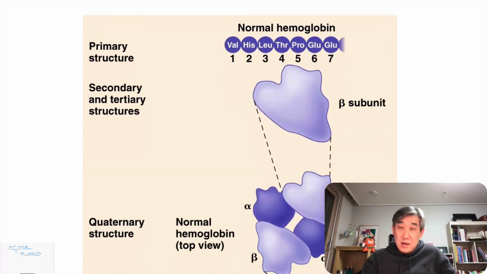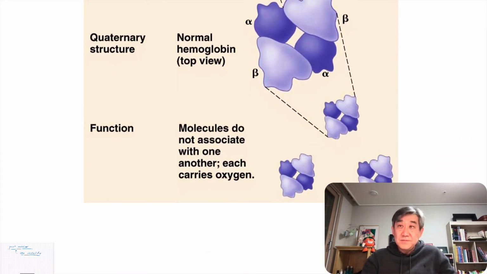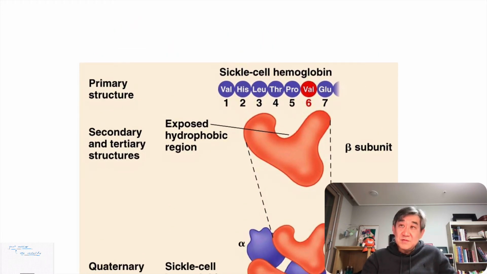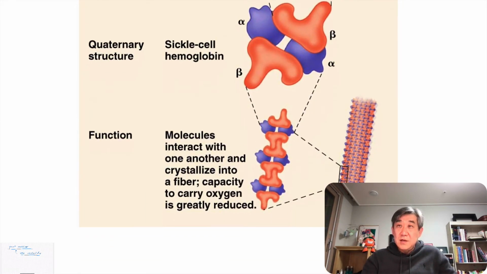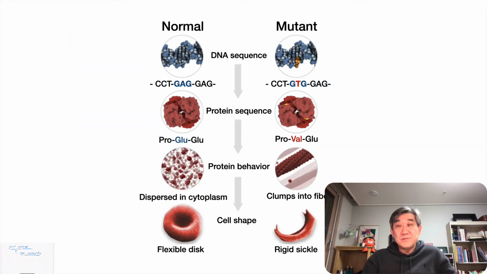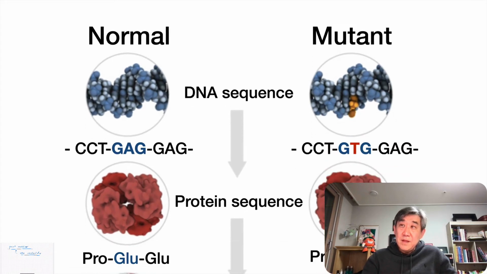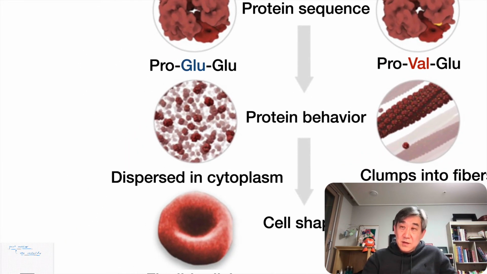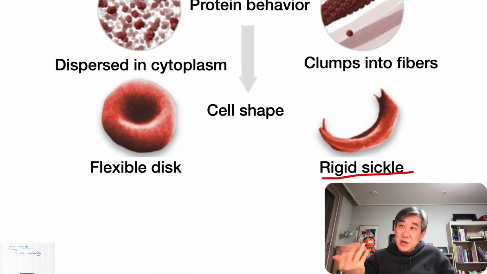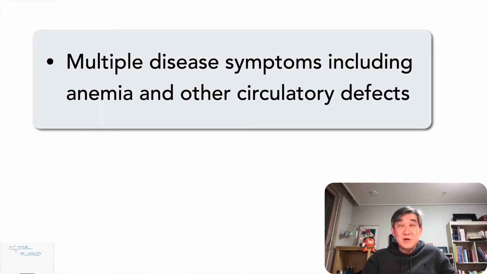And this is what I just mentioned, that clumping is made. Instead of a valine substitution, what you have is interlocking of those hydrophobic residues. As a consequence, you have sickle-shaped red blood cells that are out of function.